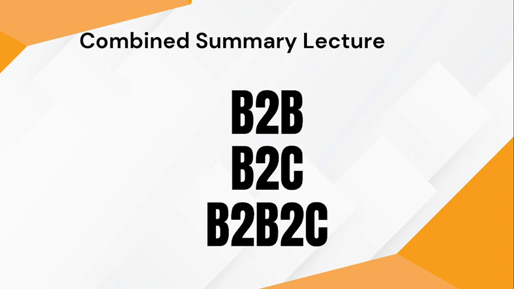The B2C model focuses on direct interaction between businesses and individuals. The B2B2C model combines these two approaches by allowing businesses to collaborate and reach consumers through partner platforms. Each model serves a different purpose and is used in different business environments, depending on the goal of an organization.